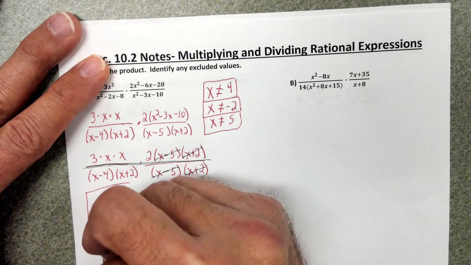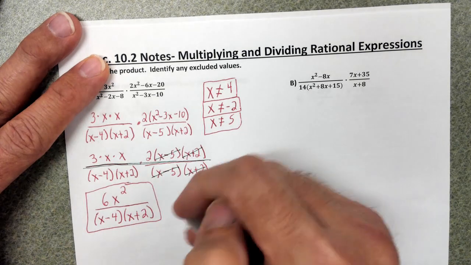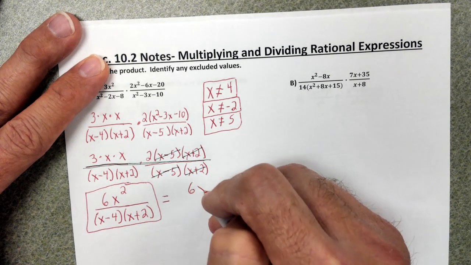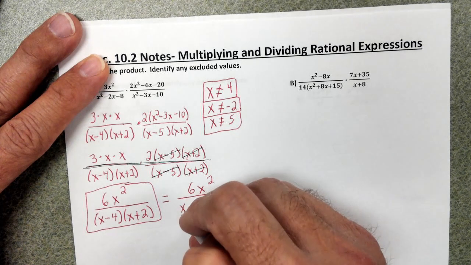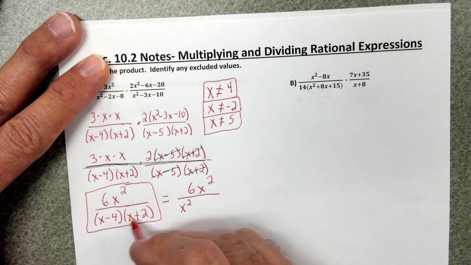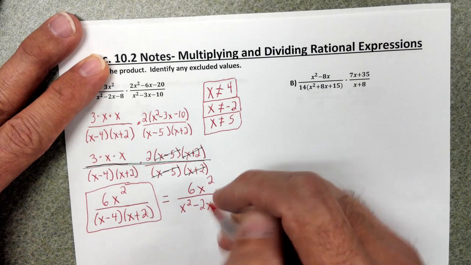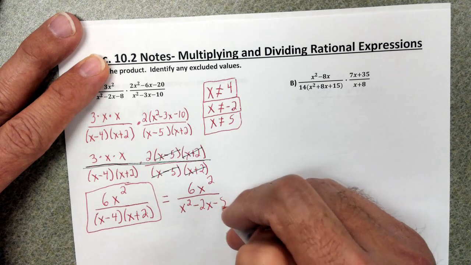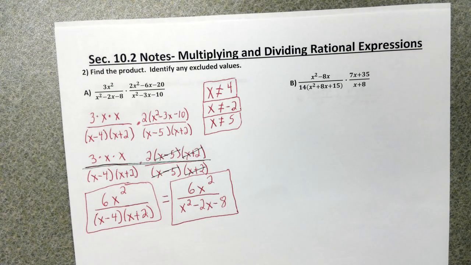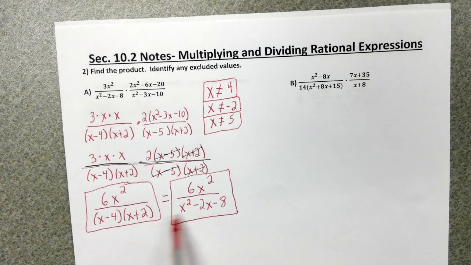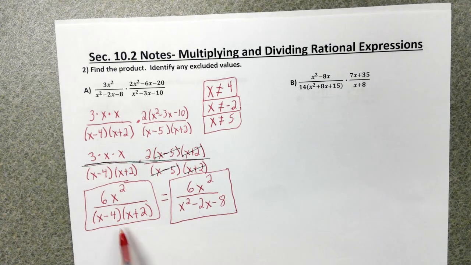So that is a correct answer, but you could also see this where they actually multiply it out, where you would see it in this form here, where I go x times x gives us the x squared, 2x and negative 4x gives us negative 2x, and then negative 4 times 2 is negative 8. And those are our answers. And both are the same. You can leave your answer as a factored form, or you can also multiply it back out. And that is how you multiply rational expressions.